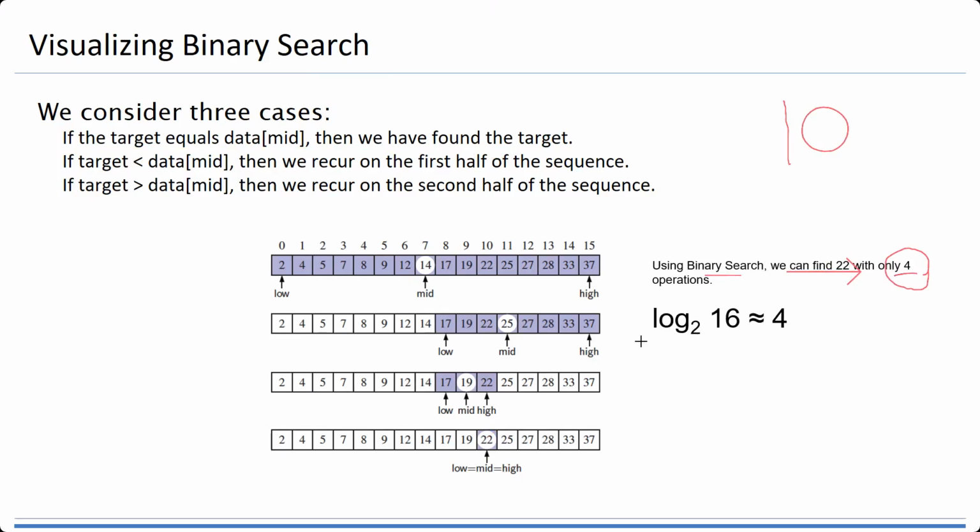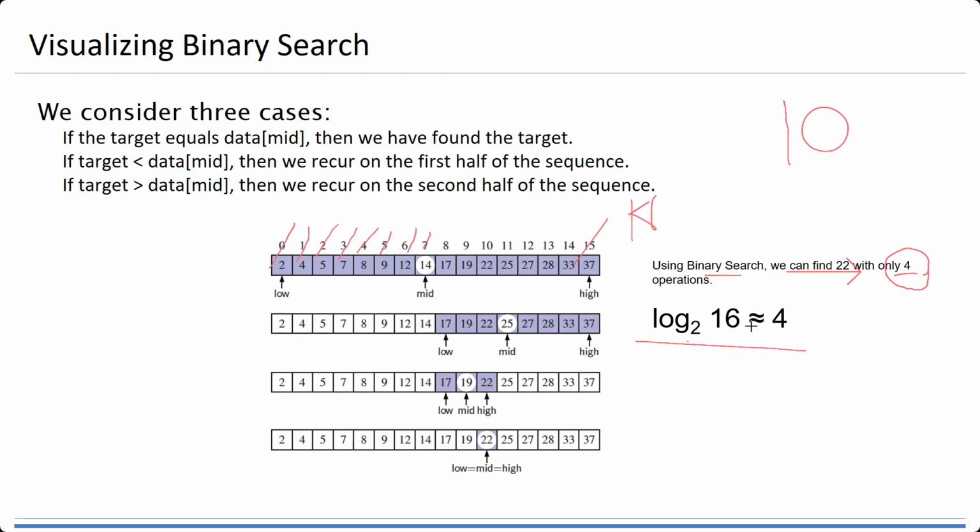Okay. So it means we have something like a log function. We have 16 data. This is 1, 2, 3, 4, 6, 7, and we go until index 15, so it means we have 16 data.